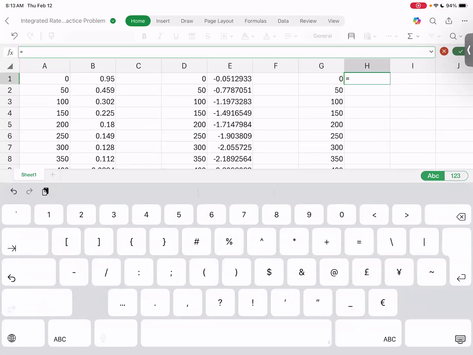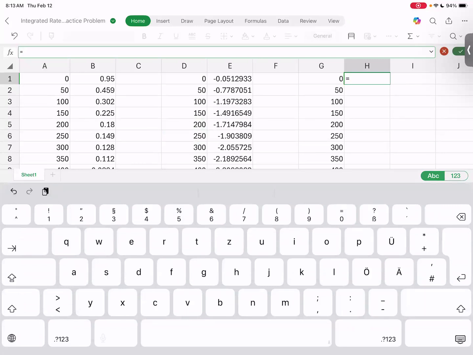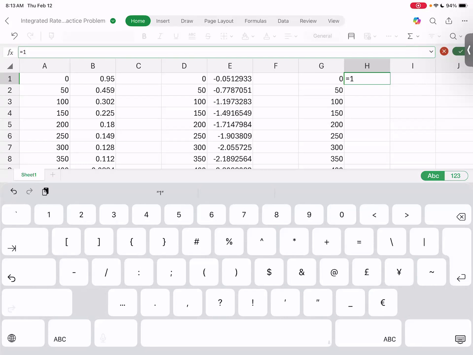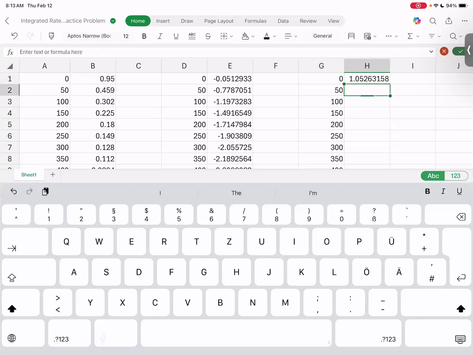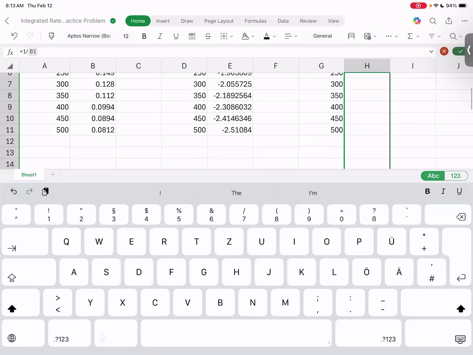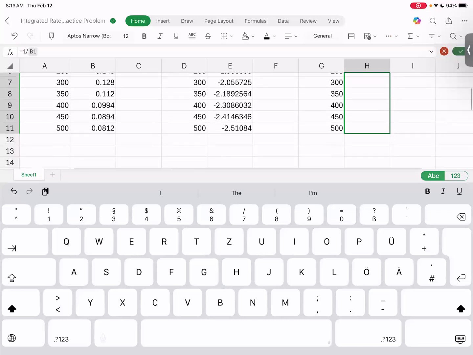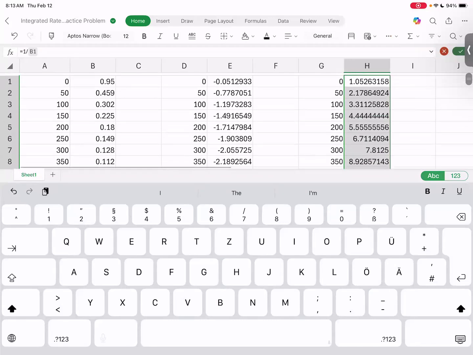And the third one was for a second order. It is 1 divided by that number.